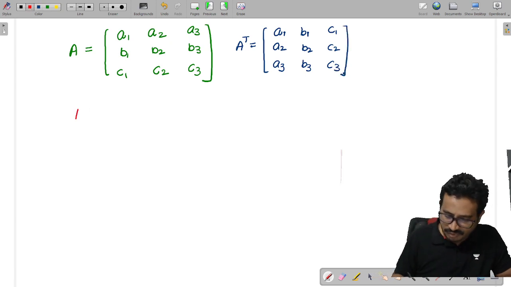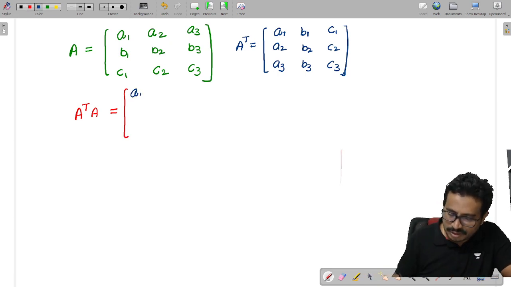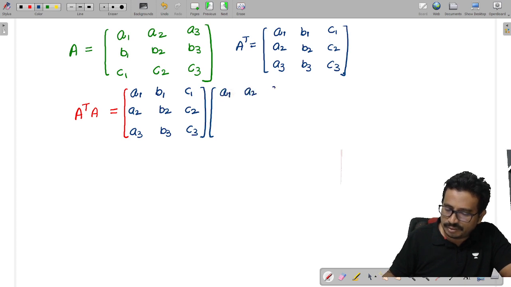Now I am finding A transpose into A. See what I will get here. This is a1, b1, c1, a2, b2, c2, a3, b3, c3 into a1, a2, a3, b1, b2, b3, c1, c2, c3.